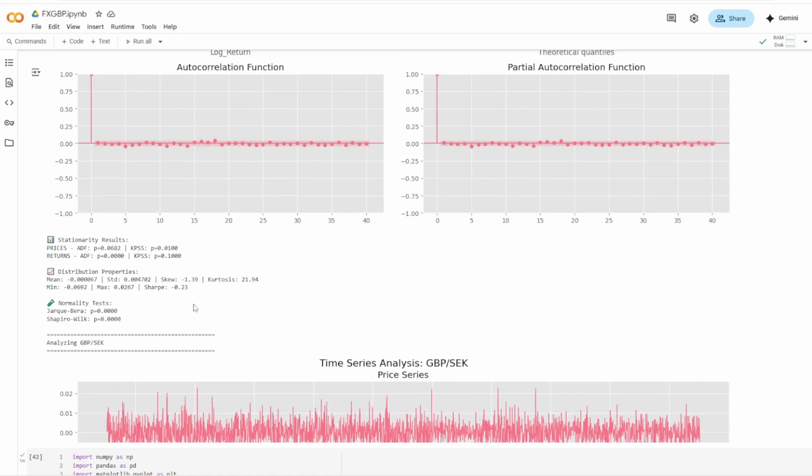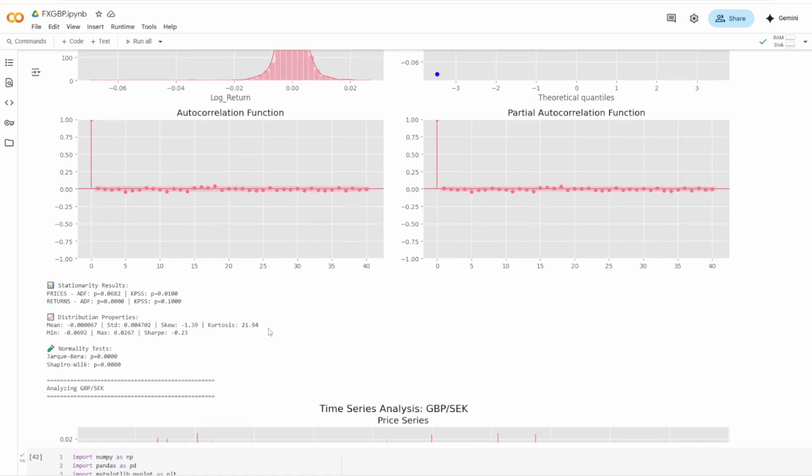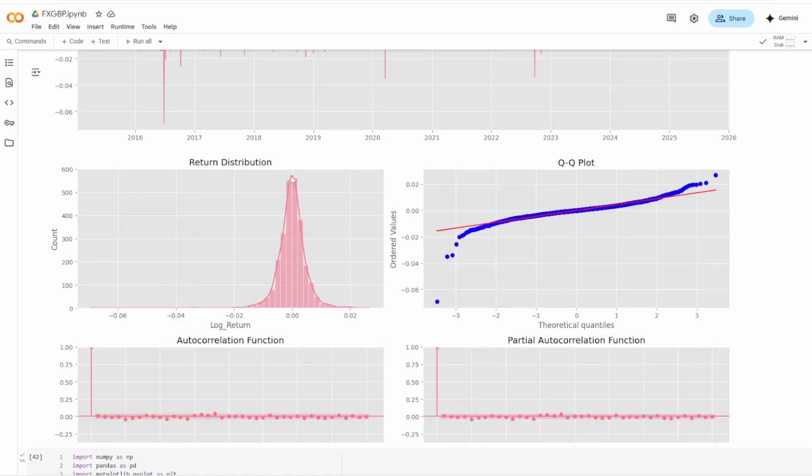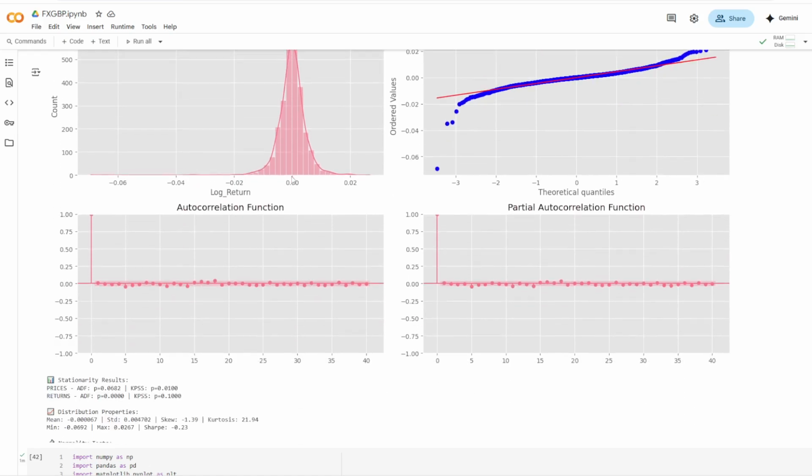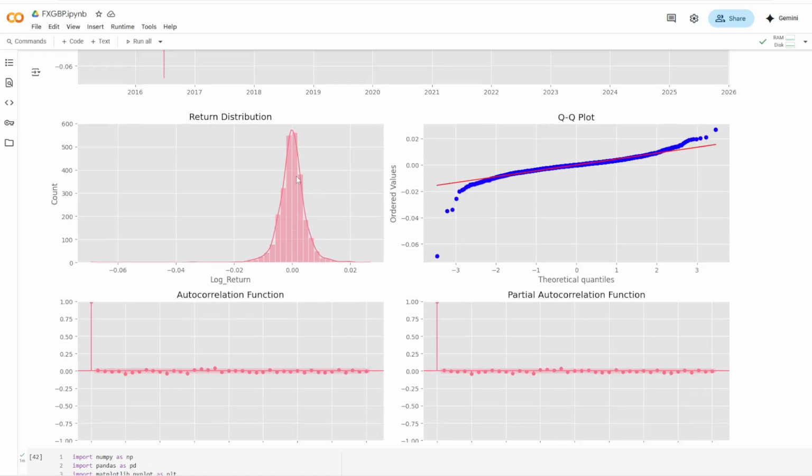And when we calculate the expected value of the third or fourth moment of the parameter that we want to find, like the skewness or the kurtosis, then every time we have a kurtosis that is larger than 3, we have leptokurtotic returns.